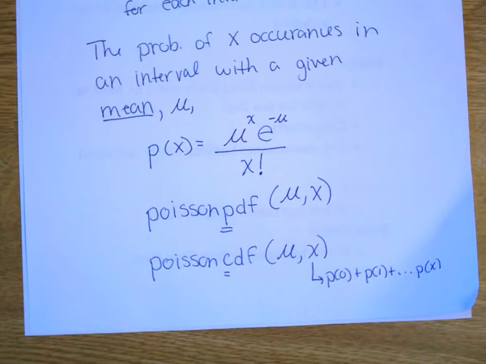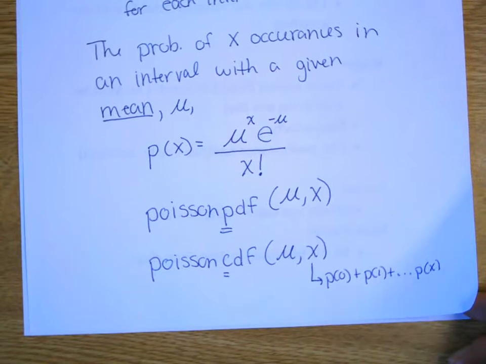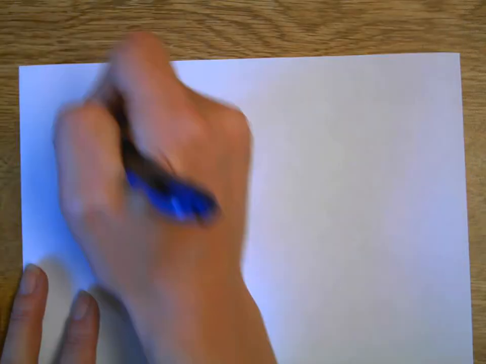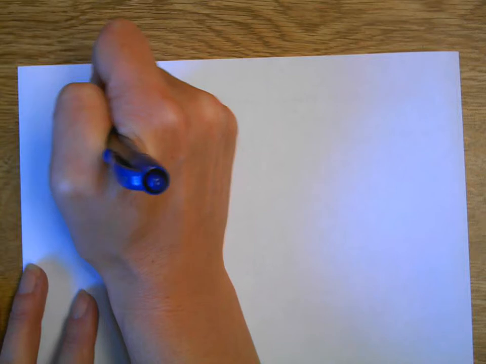So I have one example here. Example 2. A study was done at an intersection.